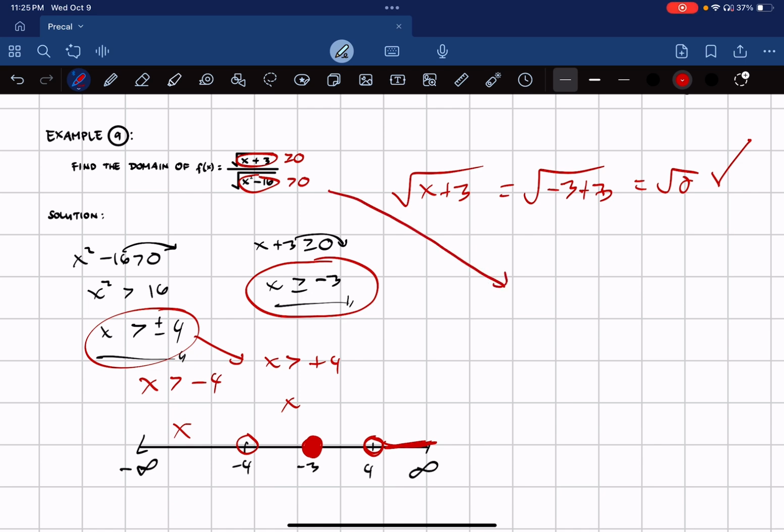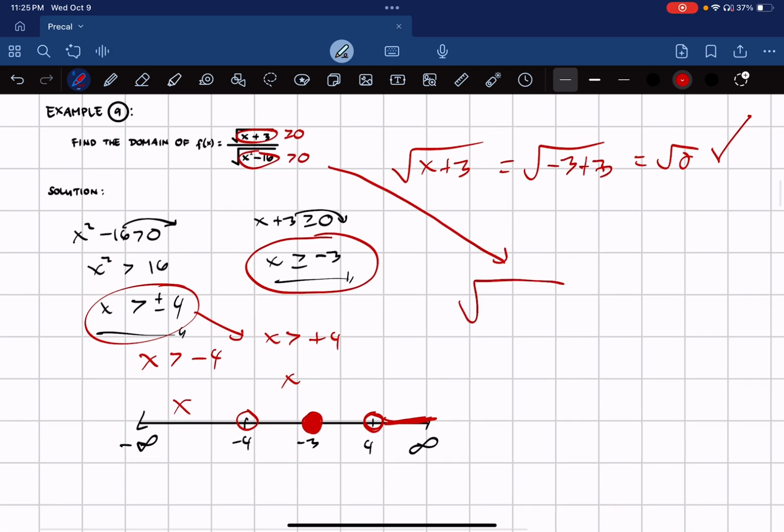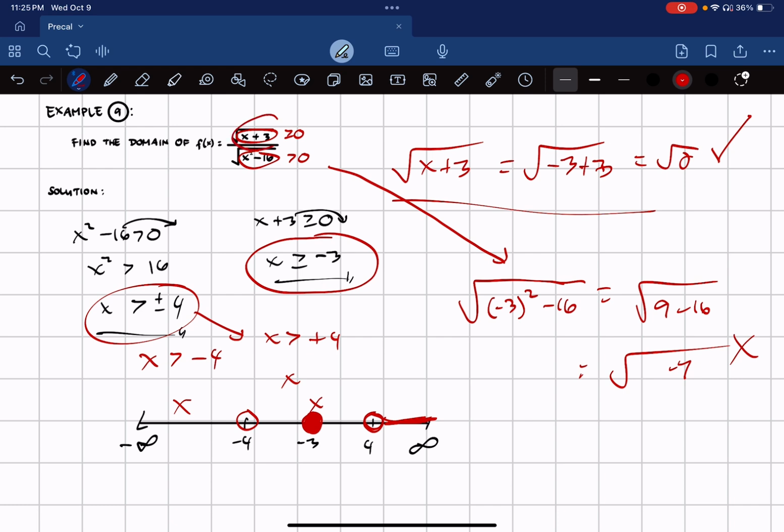But if we input it into the denominator, the square root of negative 3 squared minus 16 is 9 minus 16, which is negative 7. The square root of negative 7 is not real. So negative 3, even though it is allowed in the numerator, is not allowed in the denominator. So it is not possible.